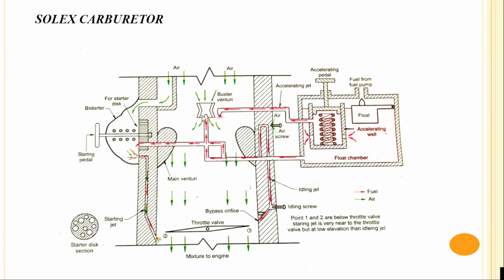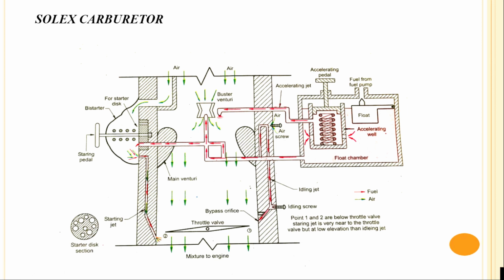As the mixture leaves the booster venturi, it is mixed with the remaining air and uniformly distributed. When it enters the main venturi, the mixture velocity increases again. This helps for better vaporization of fuel.